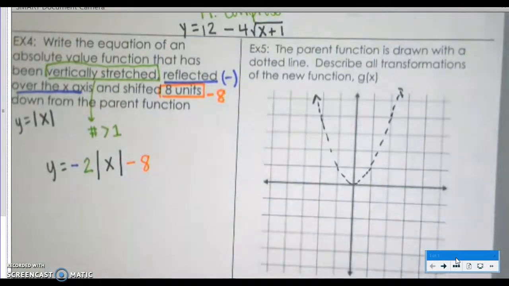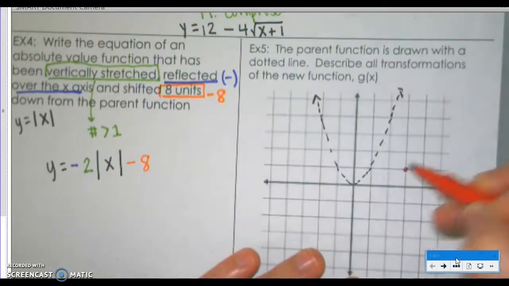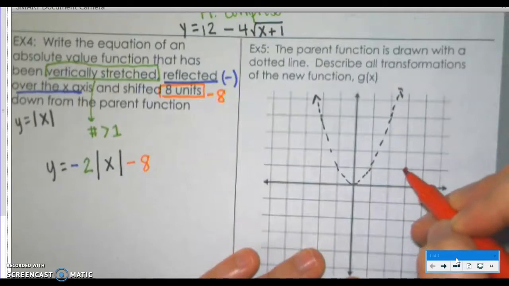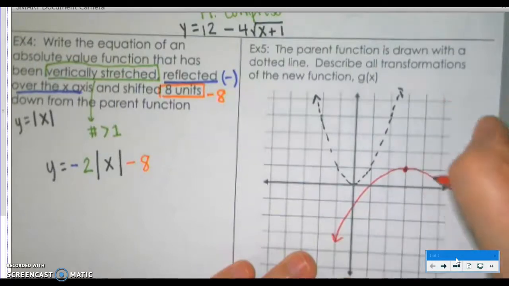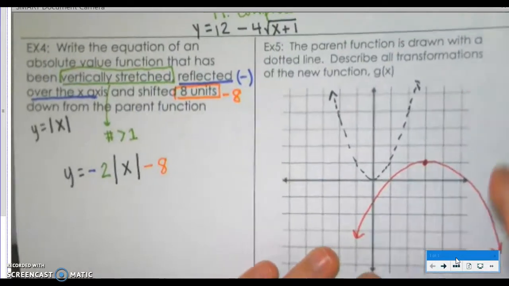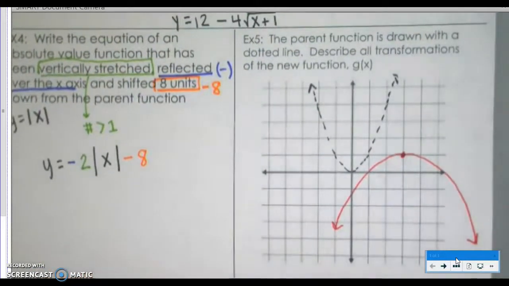All right, so there's my parent function, and this is going to be my new function. All right, and I'm purposely going to exaggerate this. All right, and so we have to try to identify all the transformations. So if you want to pause it, try this, and then we'll do it together.